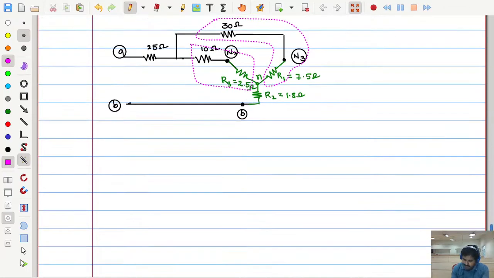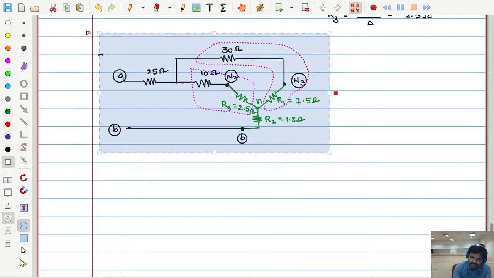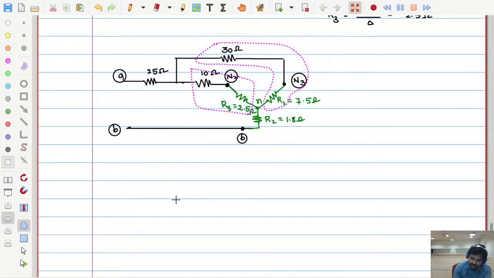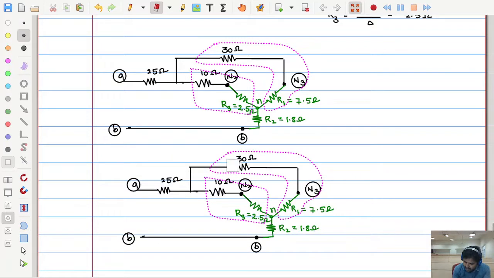Now what I will do is I will take the same circuit and let me make it here. I will replace these two elements which are connected in series by one element. In this process, when elements are connected in series, one node is going to vanish. See, N3 is going away. Now 30 plus 7.5, how much is the resistance?